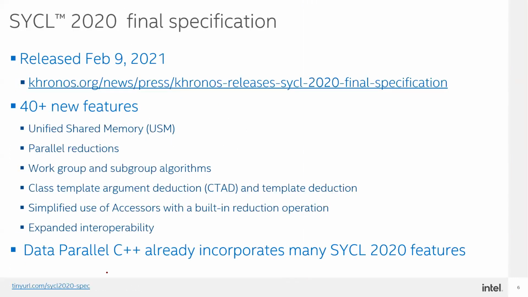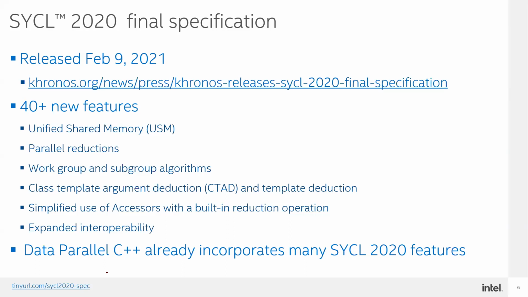So now a few words about the SYCL standard. Again, when I talk about DPC++, by default I mean that it is SYCL code. So if I'm talking about DPC++ code, it means it should support all the SYCL features. But there may be some features in DPC++ which are not in the SYCL standard.